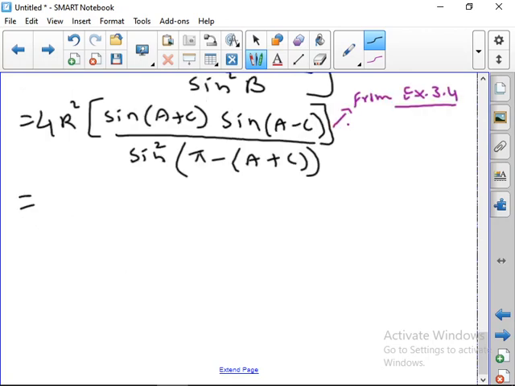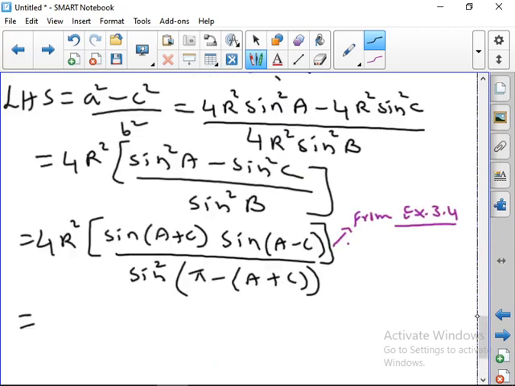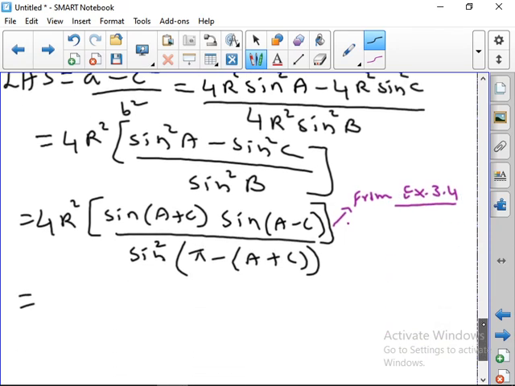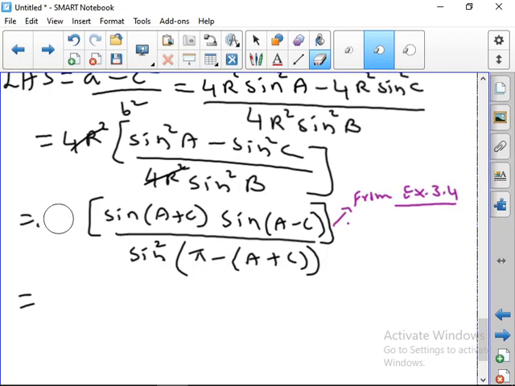So what is this now? The denominator also has 4R square, so 4R square will get cancelled and we can remove it.